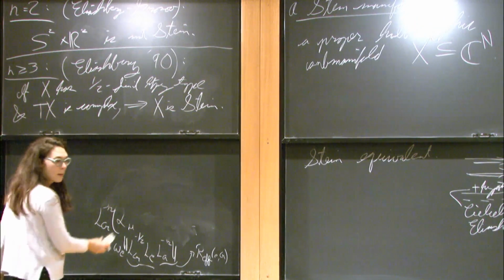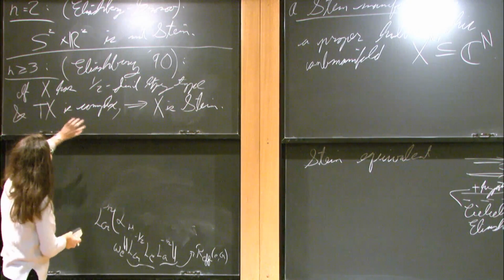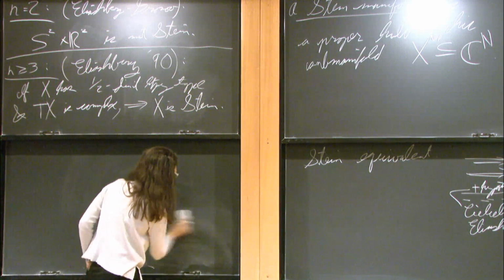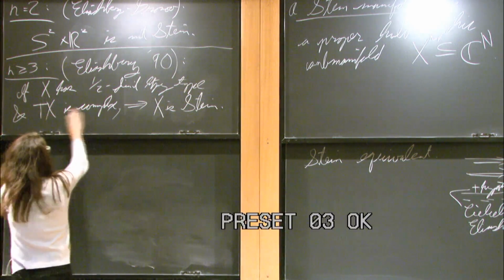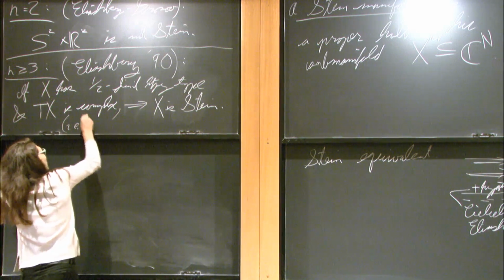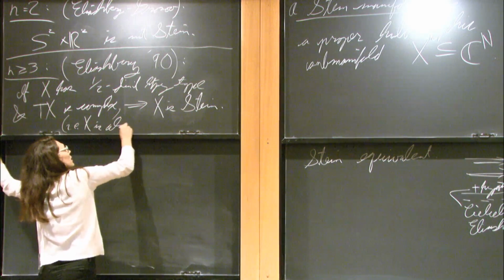Yes, yeah. To me, that's equivalent. So TX being complex means X is almost complex.